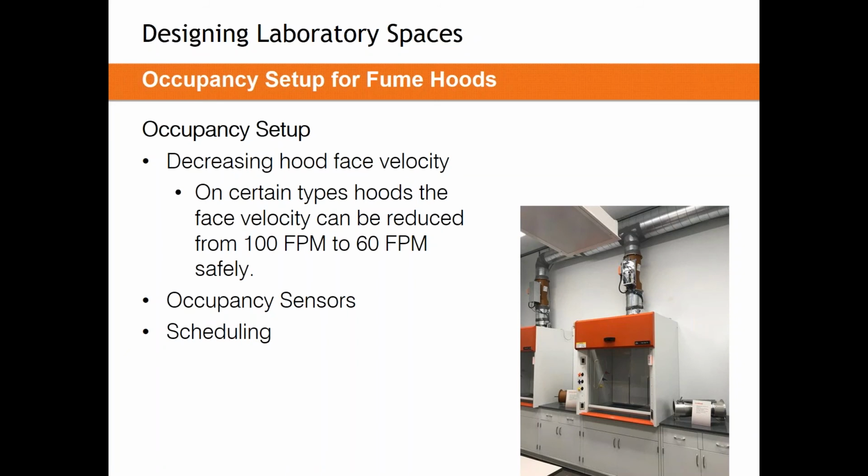This is where occupancy sensors can help us. So in this image, you can see the small black dot or the small black bar above the sash there on the orange top part of the hood. That's an occupancy sensor, or one example of an occupancy sensor. What these will do with an adjustable time delay and an adjustable field of vision is let you know when nobody's there and reset that fume hood face velocity.